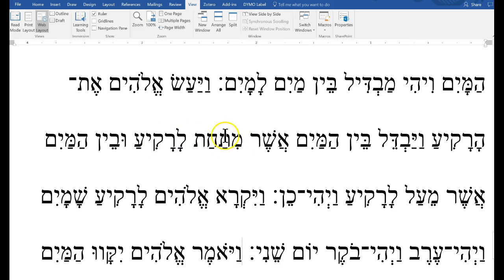So this is "from", and then this is "underneath", "to", and then this is the rakia. From underneath to the rakia. And from the waters which were from upon. So that's an inseparable preposition. This is another preposition. So, from upon to the rakia.